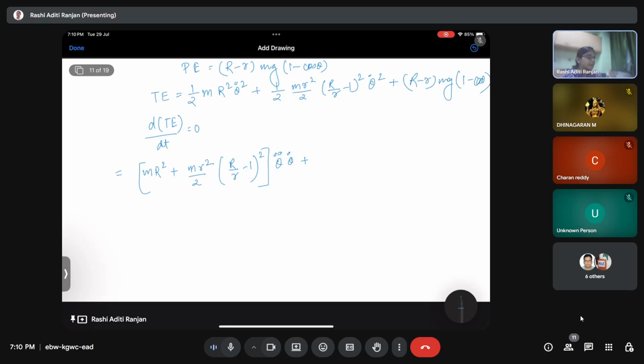Differentiation is going to be minus sine theta. Minus minus will get cancelled. So (R minus r) mg sine theta into theta dot will be equal to 0.